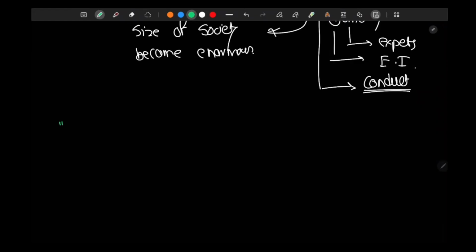Locke observes, and I quote, government is trust, people are trustees. What does this mean?